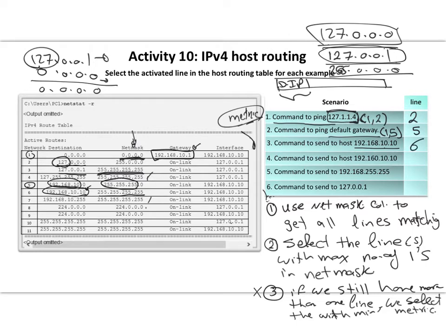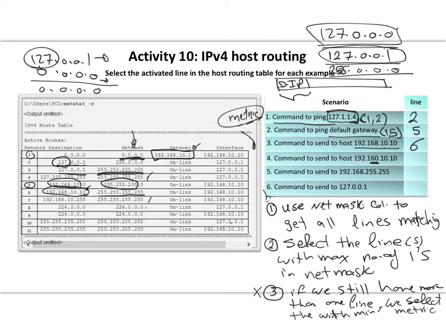OK. Command to send to a host 192.160. Oh, okay. So you need to pay attention to the values here. If you don't pay attention to the fact that this is 160 and our network has 168, then you lose the grade for no reason. So 160 here, what is the match? Which line that matches?